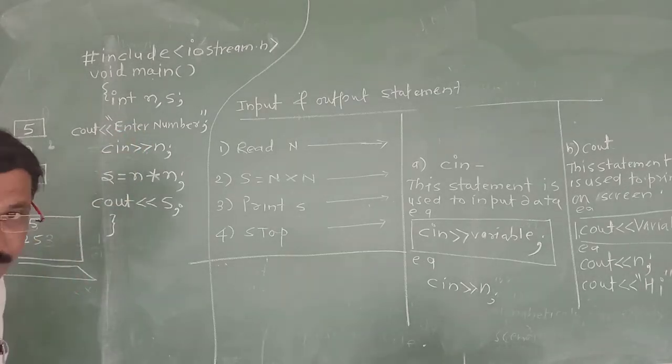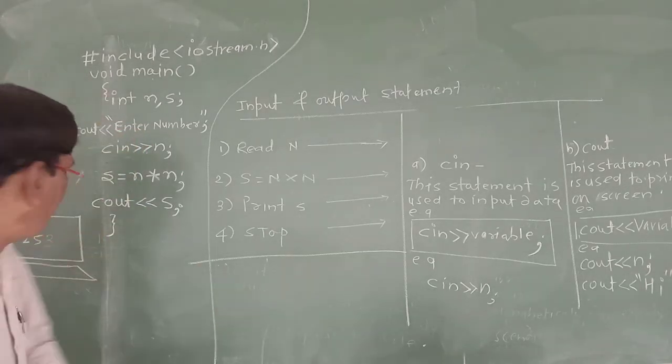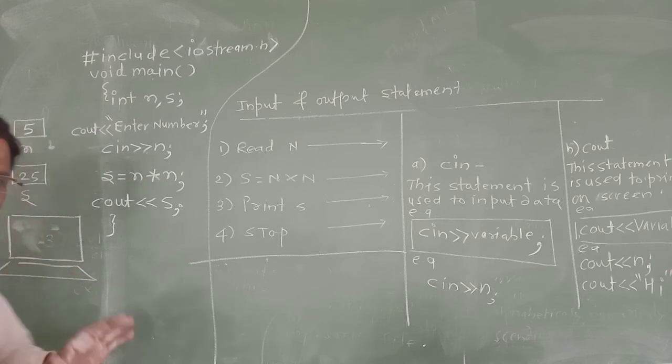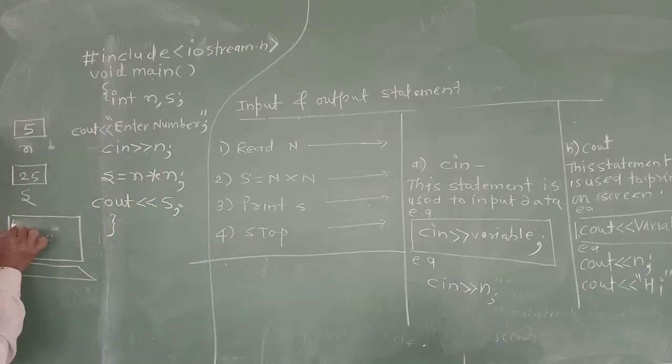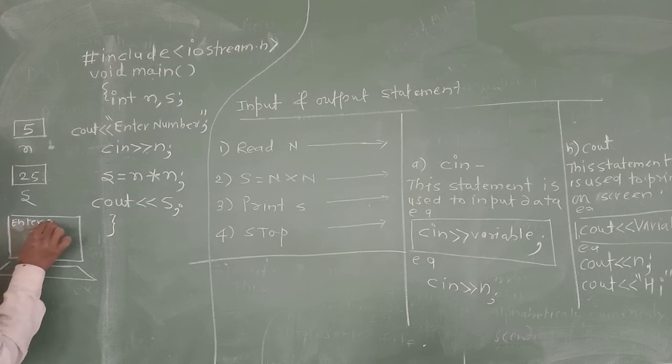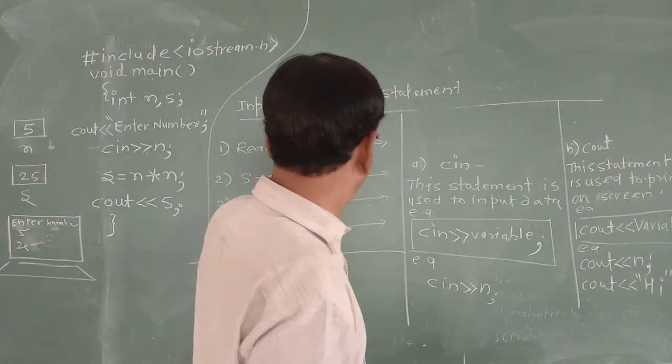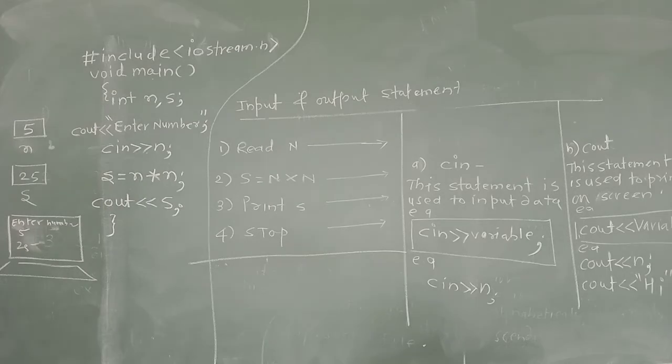What will happen now? Suppose this program is executed once again. On the monitor, as seen at runtime: Enter number. Then the number 5 will be input and you will get the output here.